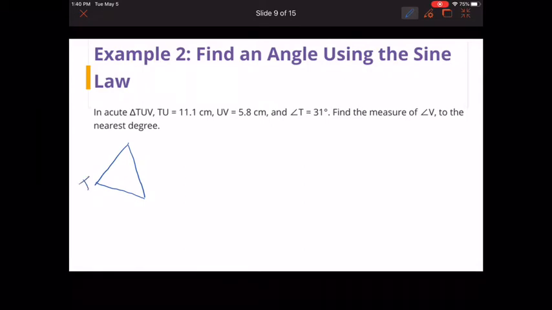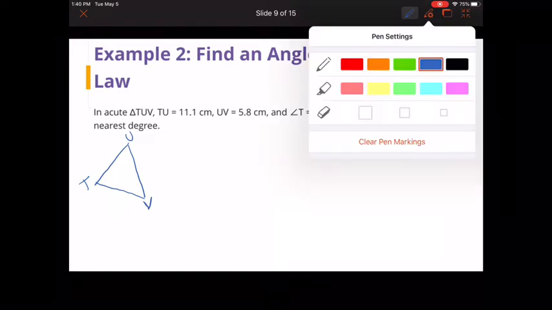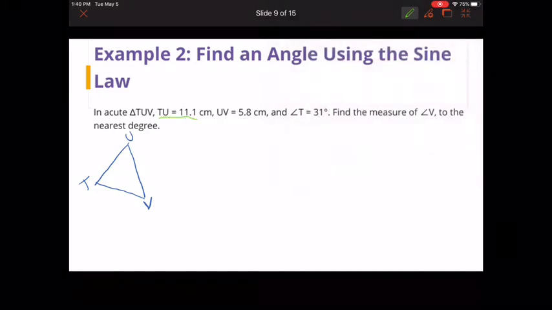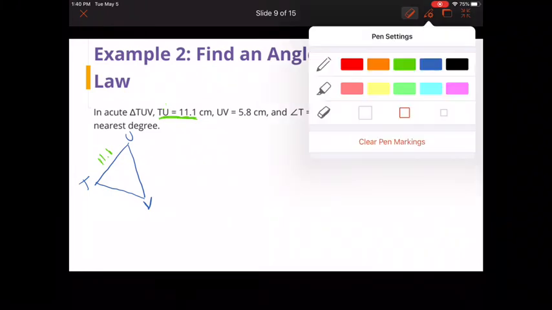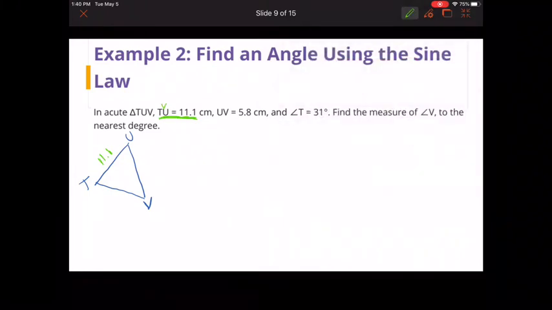So we've got T, U, V. Capitals are angles. TU is 11.1. So TU we can also call small v.